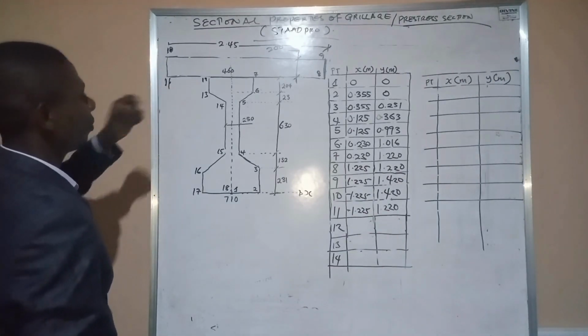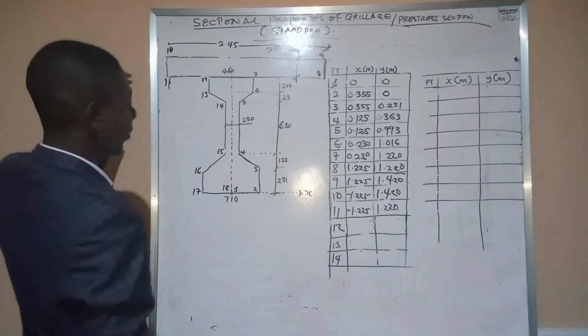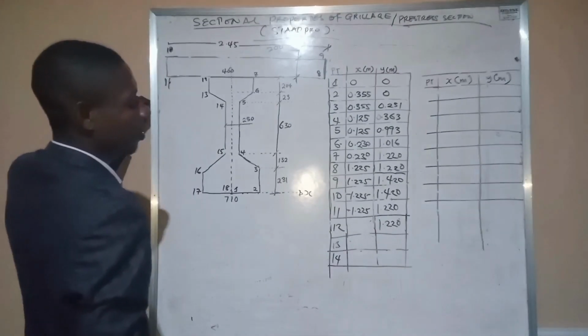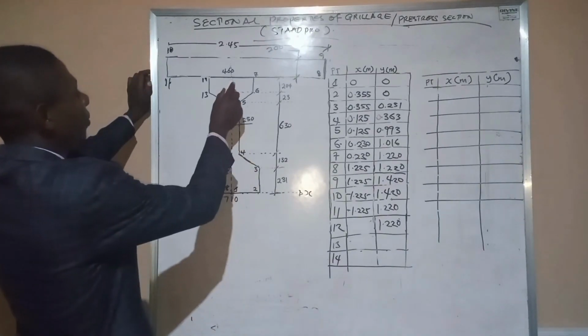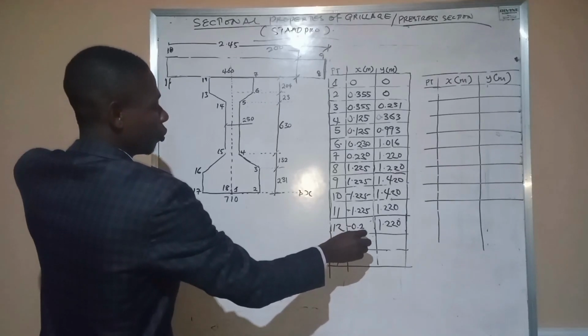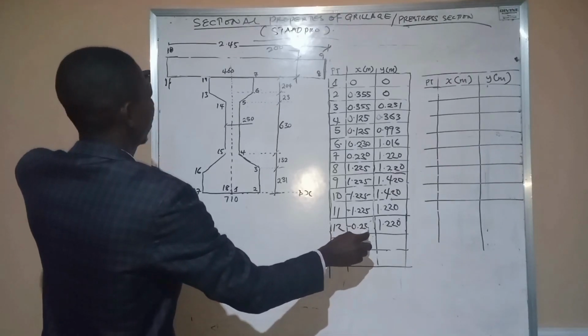Now at point 12, our y coordinate still remains 1.220, but our s coordinate will become, from here down to here, negative 0.230.